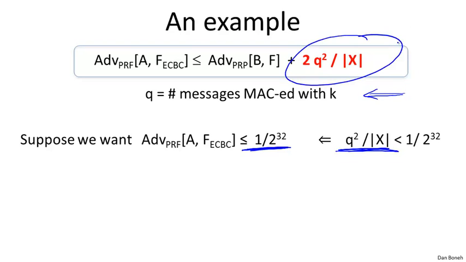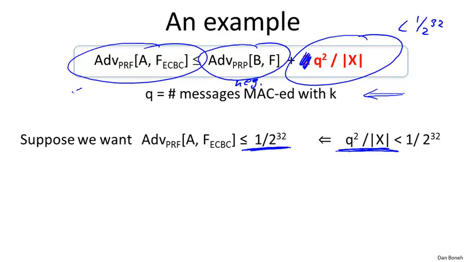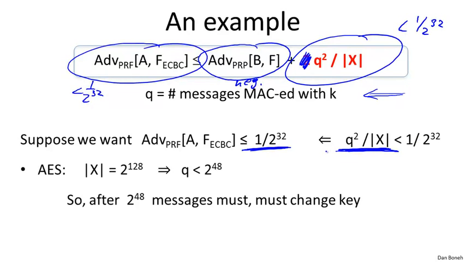I'm going to ignore this 2 here just for simplicity. We want to ensure this term is less than 1 over 2 to the 32. And this other term, of course, is negligible, so we can just ignore it. And this would imply that this term is also less than 1 over 2 to the 32. So if we want to ensure that the advantage is less than 1 over 2 to the 32, we need to ensure that Q squared over X is less than 1 over 2 to the 32.